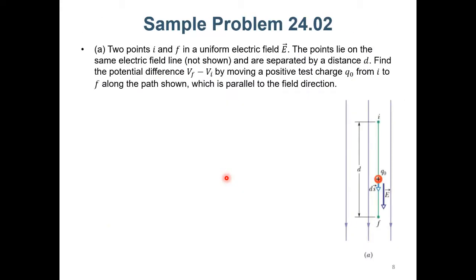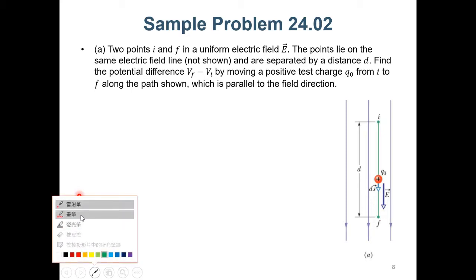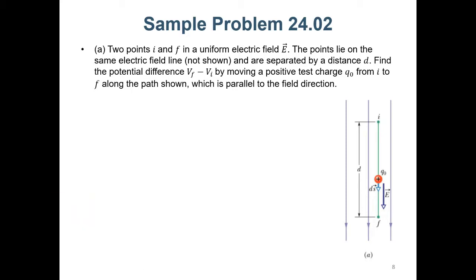So let's have another example. For this one, two points I and F are in a uniform electric field E. The points lie on the same electric field line and are separated by distance d.